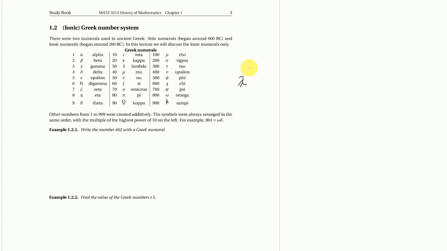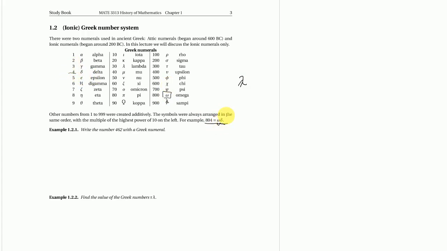And another thing here is, it's not a positional number system yet, okay? But they try to keep the larger number on the left side, okay? So starting with the largest power of tens on the left and write down the next one and the next one like that, right? So for example, for 804, we want to write down 800 first, which is omega, and 4 is a delta, right?